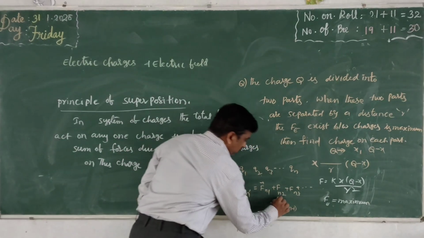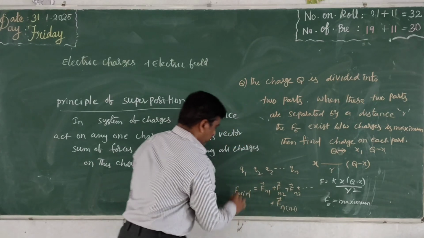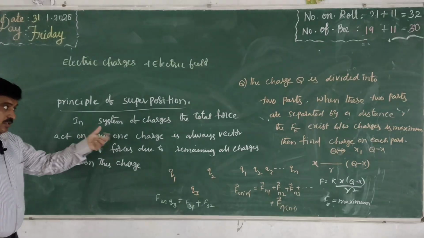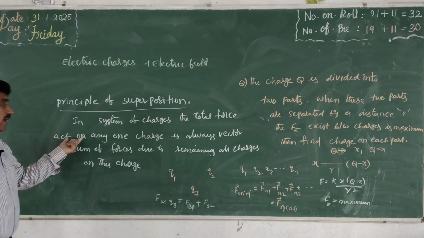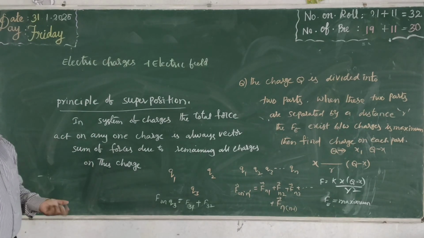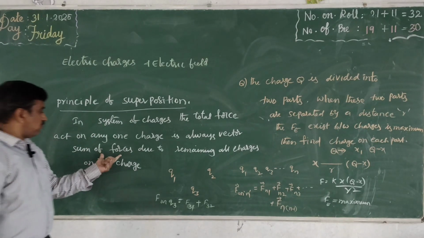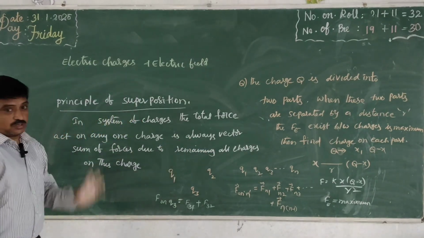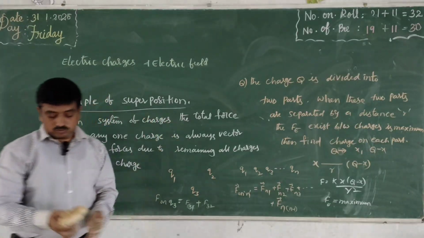So this is the principle of superposition. It means in a system of charges, the total force acting on any one charge is always the vector sum of forces due to all the remaining charges on this charge.